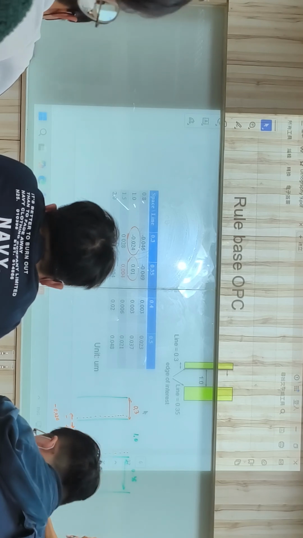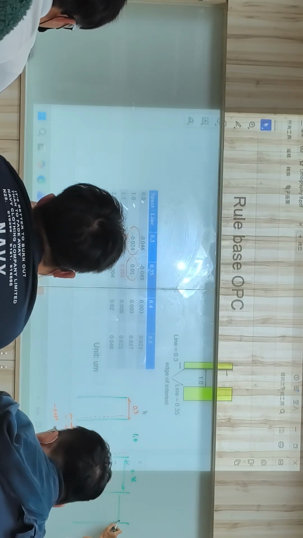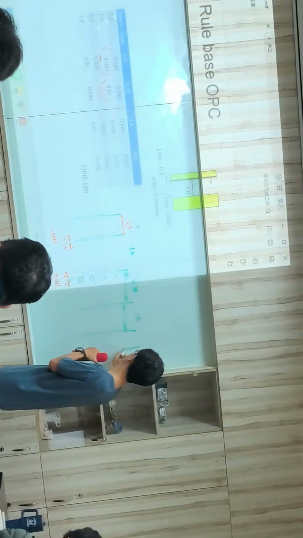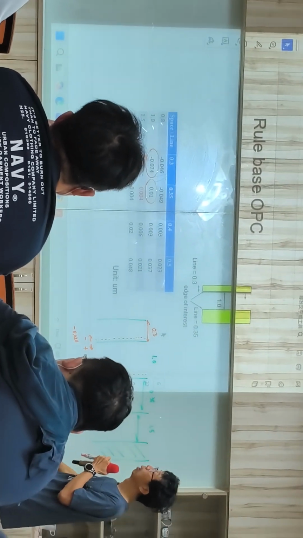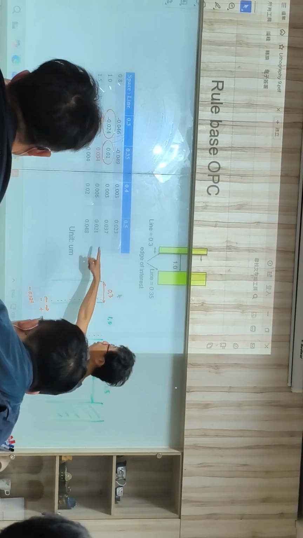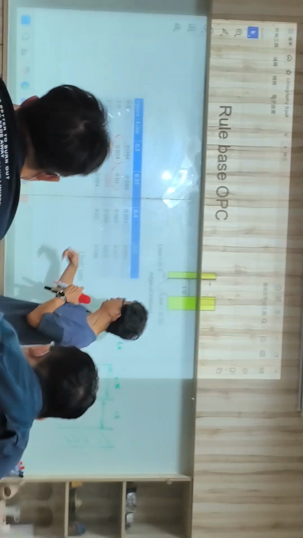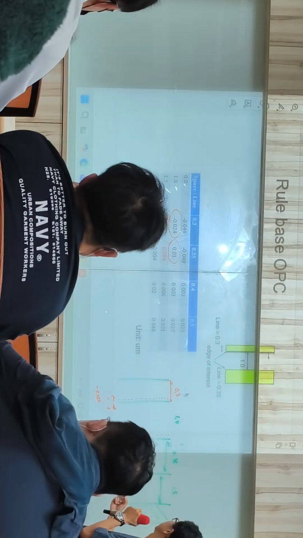So for this one, just assume here is a 1.5. Okay? This is another line. So then this is 1.5 space. And then this is 0.35 and 1.5. Then you need to plus 0.004.